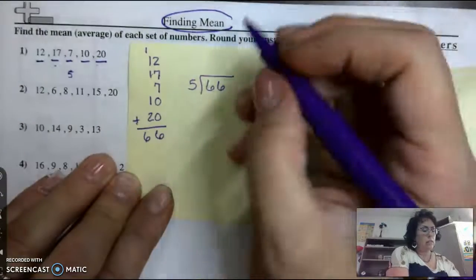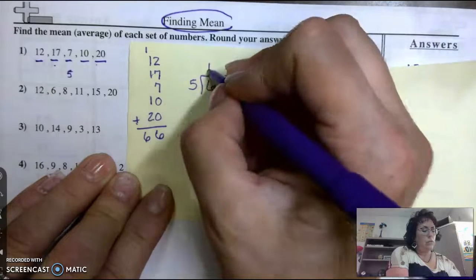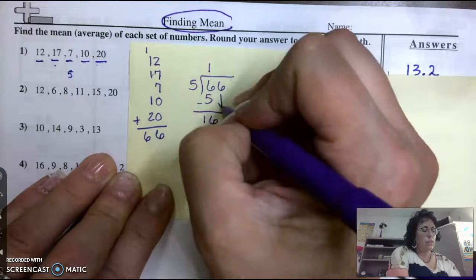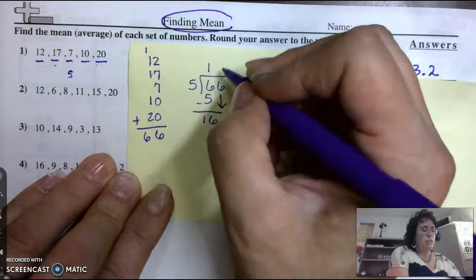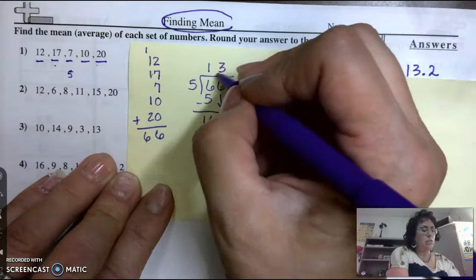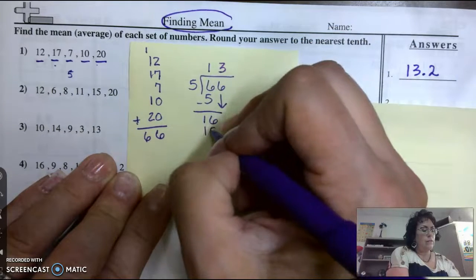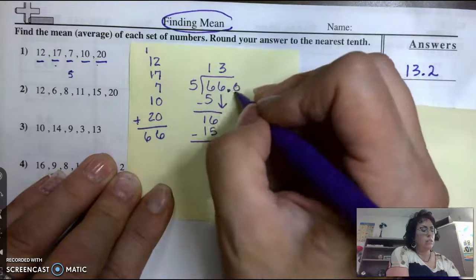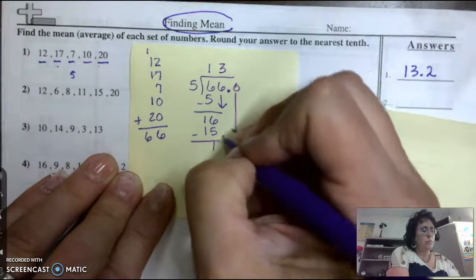So 5 goes into 6 one time. Bring down that 6. 5 goes into 16, 3 times, 3 times 5 is 15, subtract. Decimal and 0. Oops.